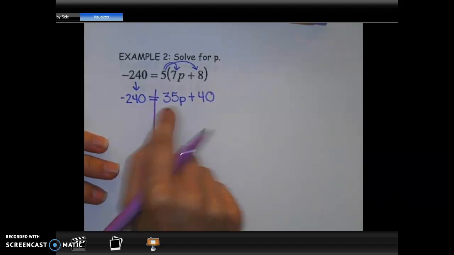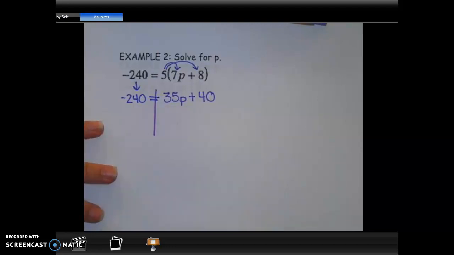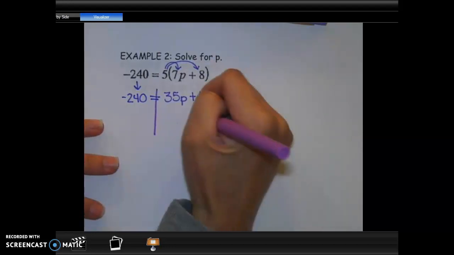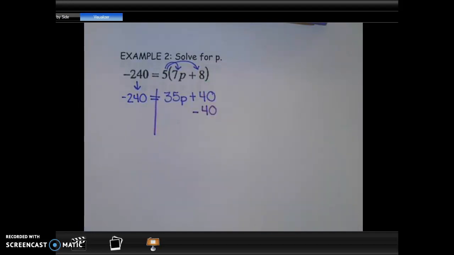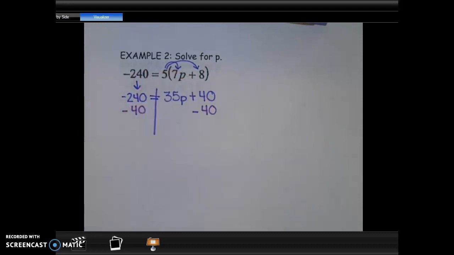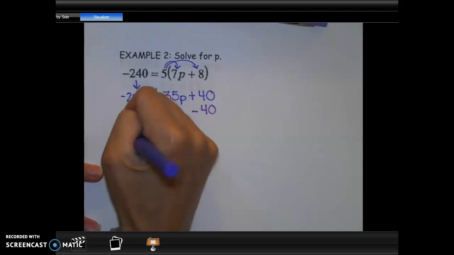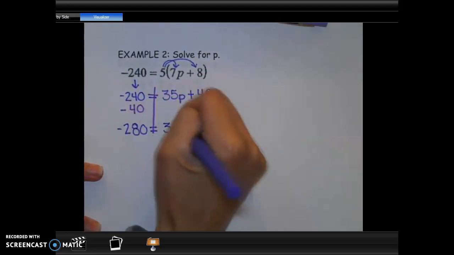Well, 35 is right next to p, so it's not. But this 40 is far away. So the opposite of a positive 40 is a subtraction of 40. Whatever you do on one side, you must do on the other. That gives us now a total of negative 280 equals 35p.